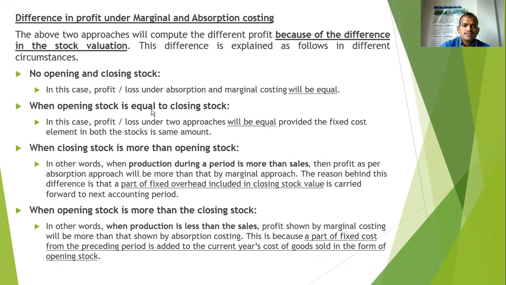When opening stock is equal to closing stock, in this case, profit or loss under the two approaches will be equal, provided the fixed cost element in both stocks is the same amount.